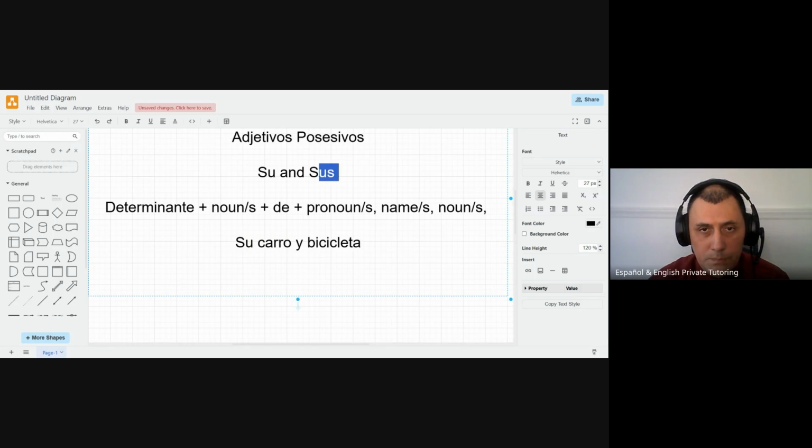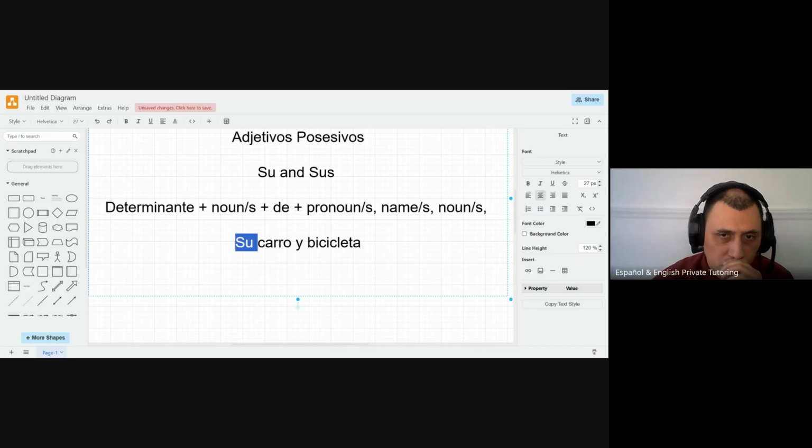So I'm using this part here. But still, this is ambiguous. So I need to clarify it now. Then let's use the form.